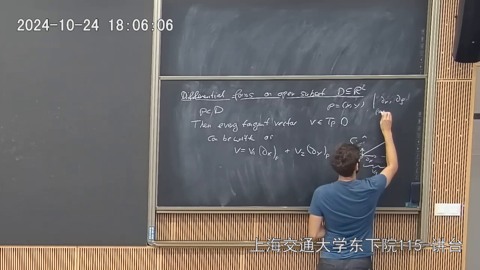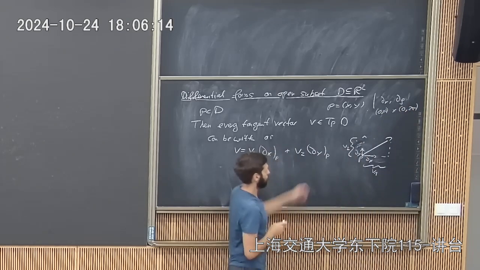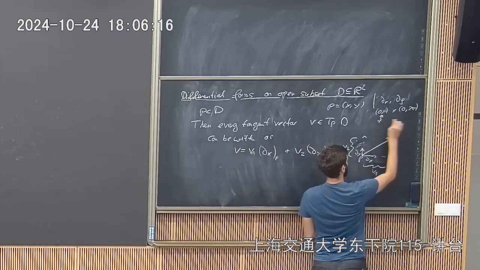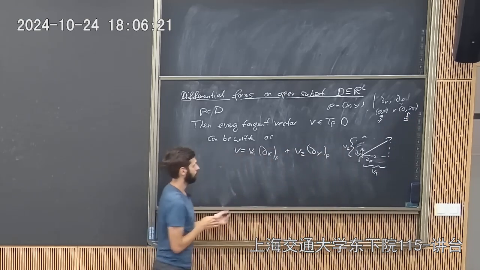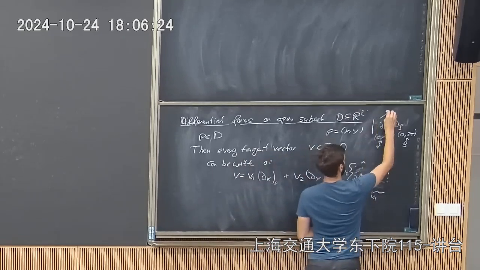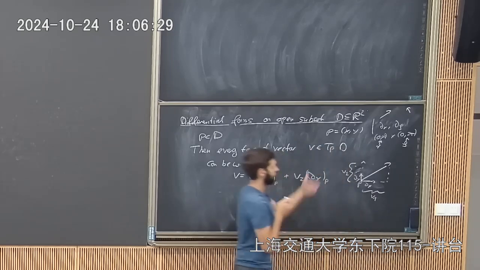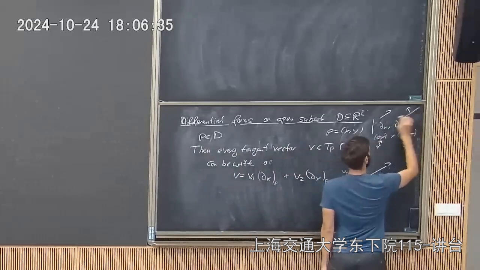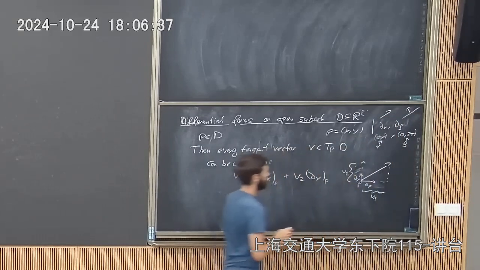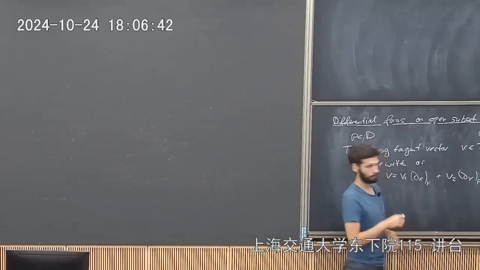The coordinate here would be called r, and that would be phi. Of course these unit vectors would be something that points outside in the radial direction, and d phi would be a vector which points in the phi direction. So that's just a notation, dx and dy, because usually we have x and y coordinates.